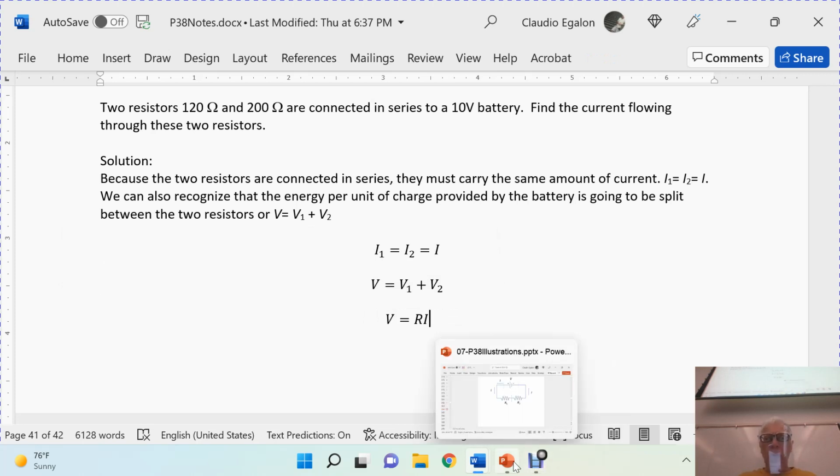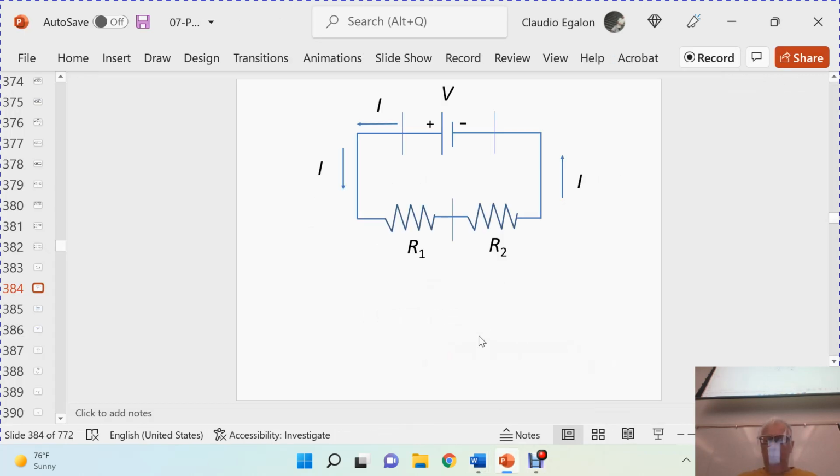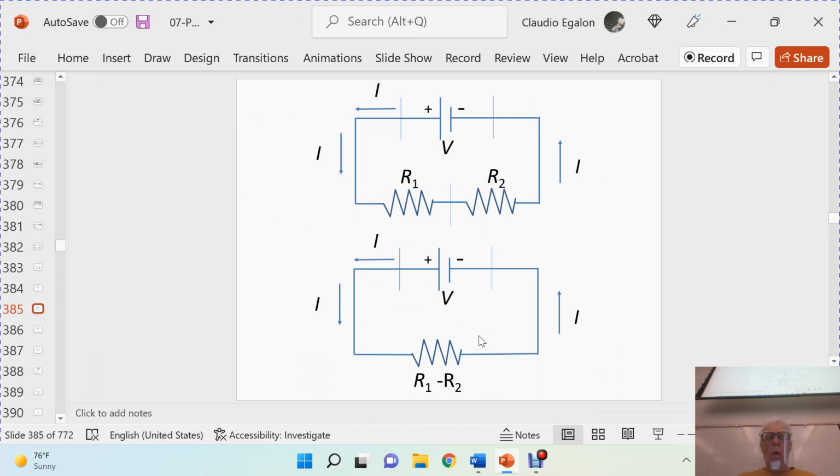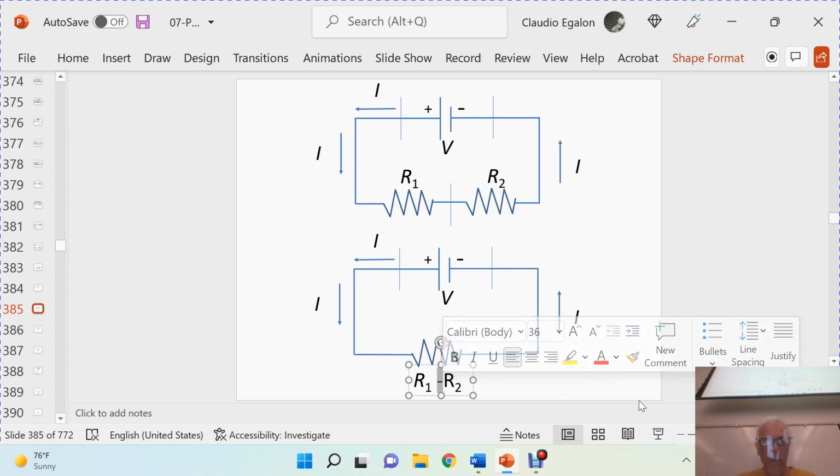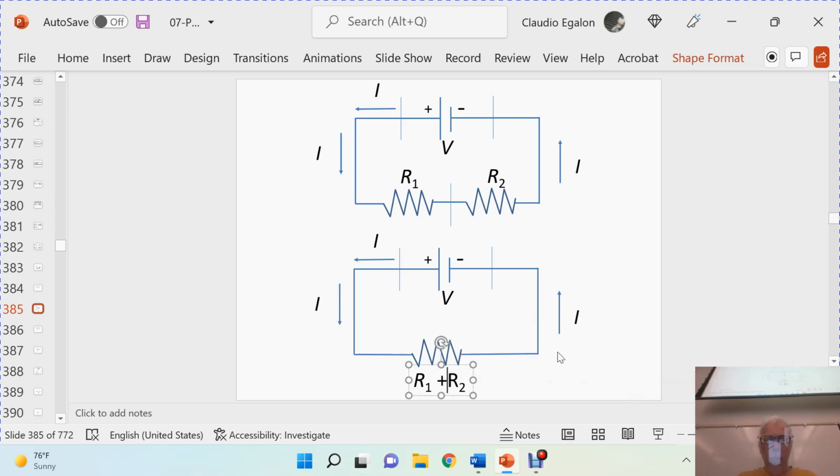And that's when we use the equivalent circuit. We can call R1, R2. Why did I put minus here? Interesting. It's supposed to be plus.